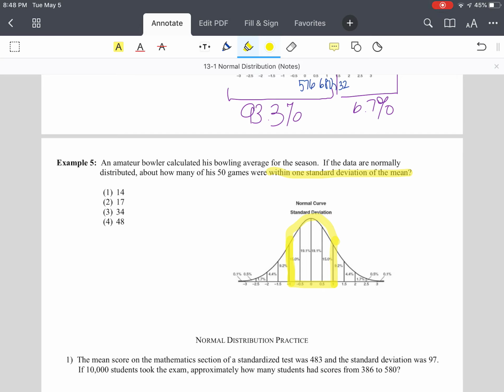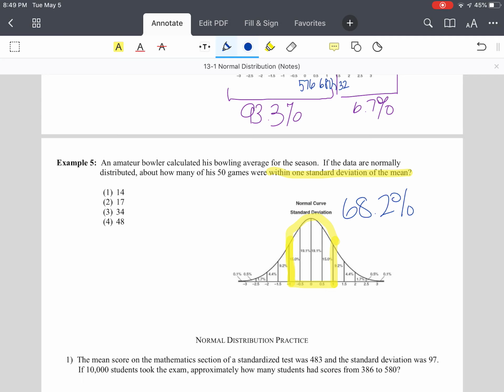We can add up 15 plus 19.1 plus 19.1 plus 15, and we get 68.2%. Or if you remember when we first went over these, we talked about the percentages for one standard deviation within the mean, 2, and 3. One standard deviation within the mean is 68.2%. If you remembered that from earlier, you could have just used the 68.2%. If not, totally fine. You can look at the curve and add up those four.